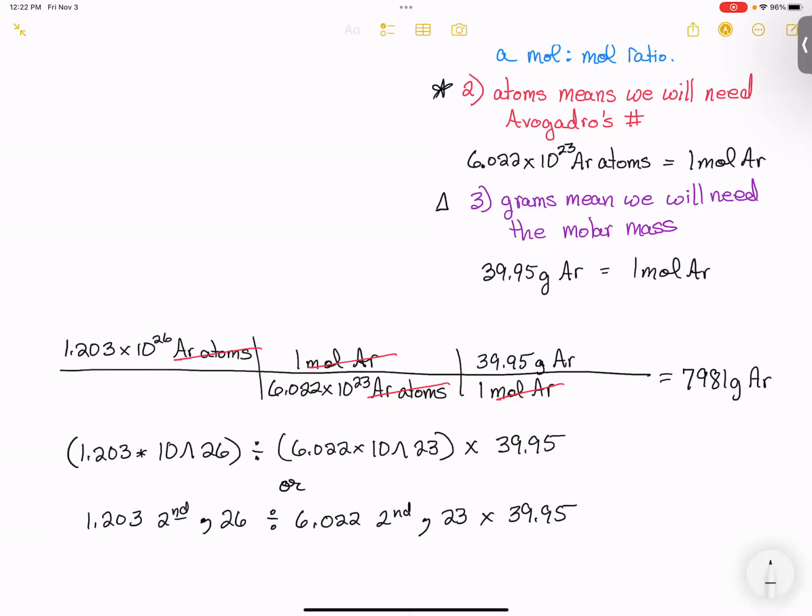If you do it the latter way, it will look like 1.203 little e 26 divide 6.022 little e 23 times 39.95. Again, the difference between these two, folks, is the second one, if you forget a parentheses, you're still okay, whereas the first one, if you forget a parentheses, you may not be okay.